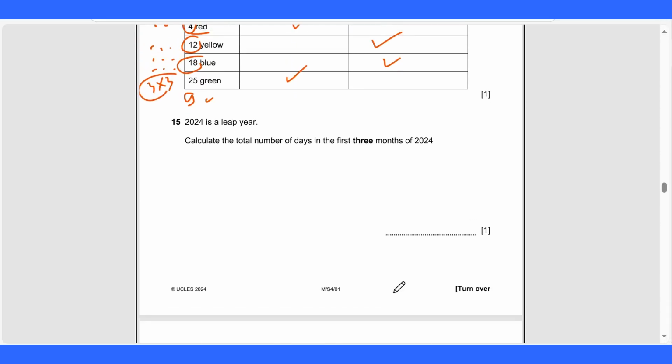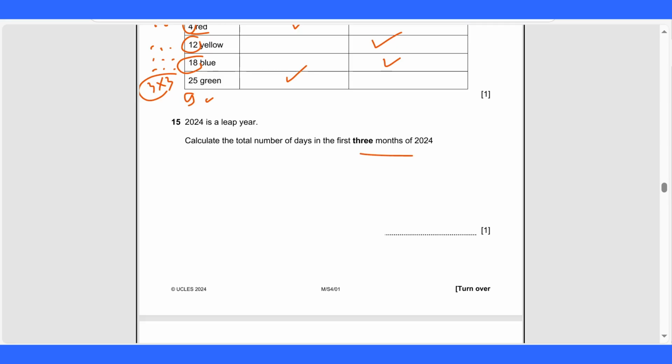Next, number 15. 2024 is a leap year. Calculate the total number of days in the first 3 months of 2024. 10 seconds. Okay, so what's your answer, guys?